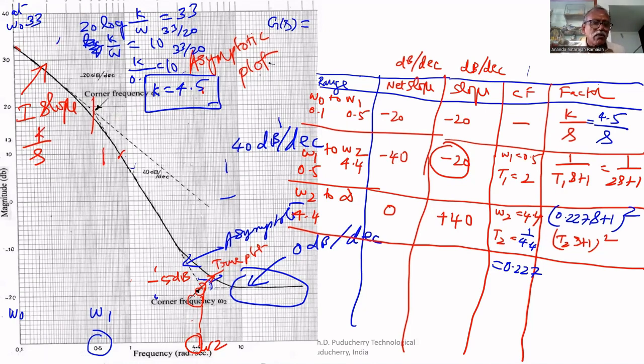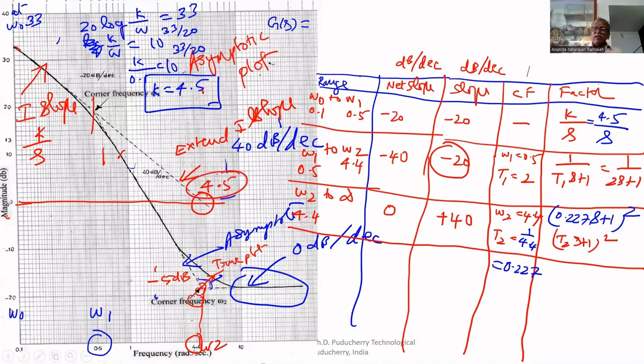You extend that first slope till it intersects the 0 dB line, the x-axis. It intersects at 4.5. So we can find K that way also, K equal to 4.5.